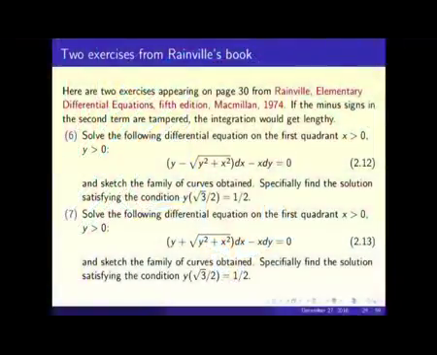The tangent may be vertical or it may be horizontal, or the slope may not be defined at all, because you see both the m and the n terms are becoming 0. If you look at 2.12, m of x, y is becoming 0 and n of x, y is becoming 0 at a point on the positive y-axis.